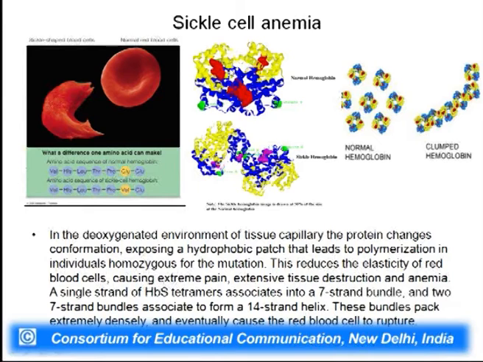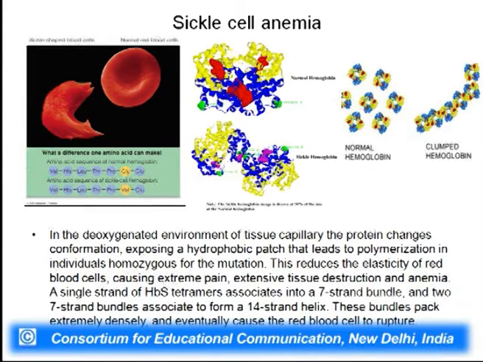You can see in the diagram, this is the normal hemoglobin and here it is the sickle cell hemoglobin structure.